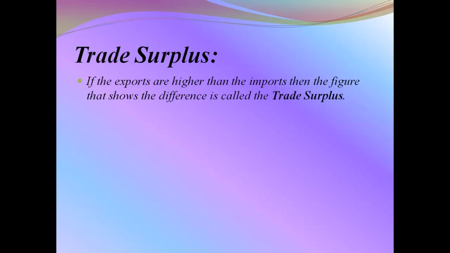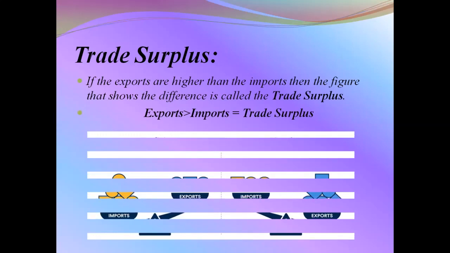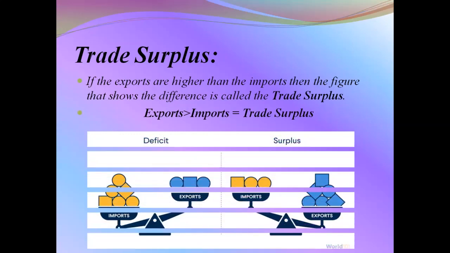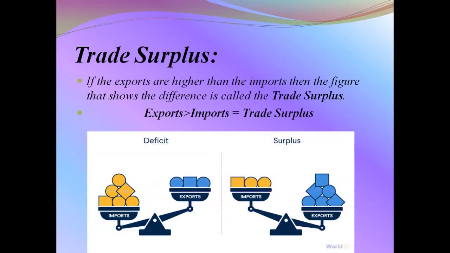It is also called the positive trade, and it is also called the positive balance of payments. Now, from this formula, you can easily learn what is trade surplus. Exports higher than imports is equal to trade surplus. In this picture, you can also see that if the exports are higher than the imports, then the country will be a prosperous country.